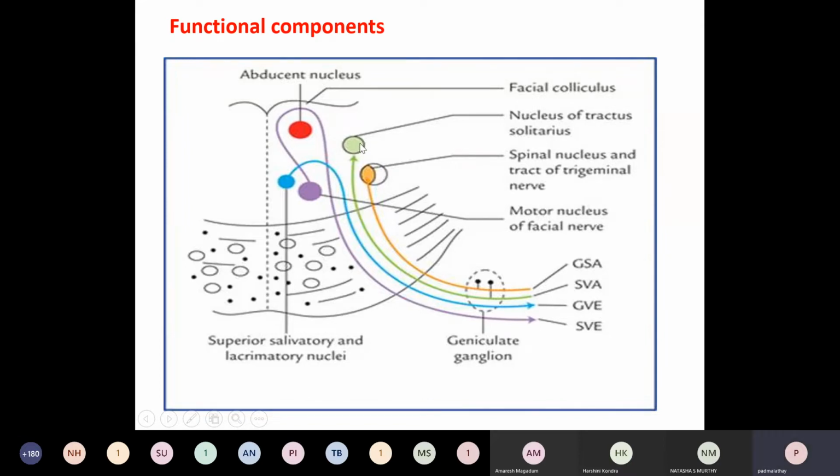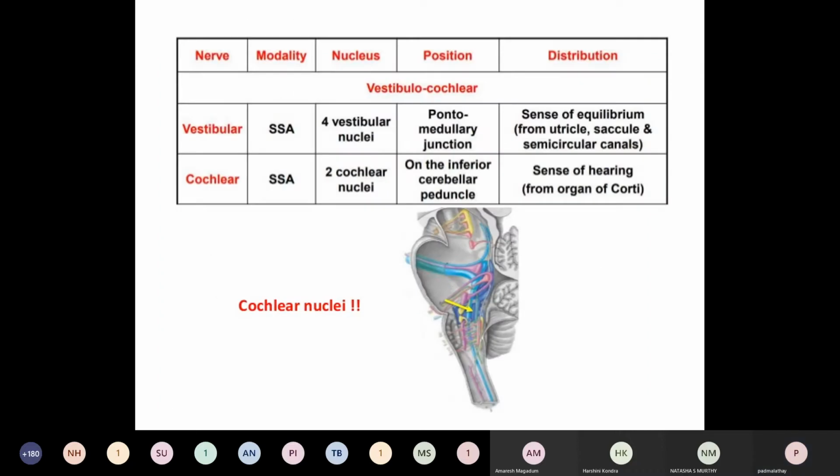and the nucleus of the tractus solitarius carries the special visceral afferent fibers, and the spinal nucleus of the trigeminal nerve carries the general somatic afferent fibers. Then there are the nuclei of the vestibulocochlear nerve.